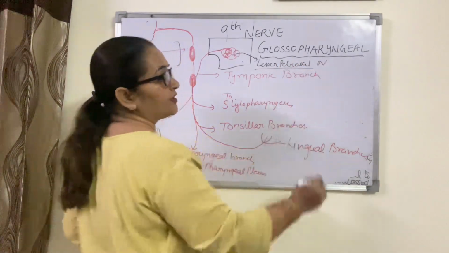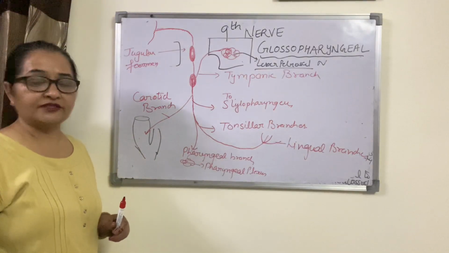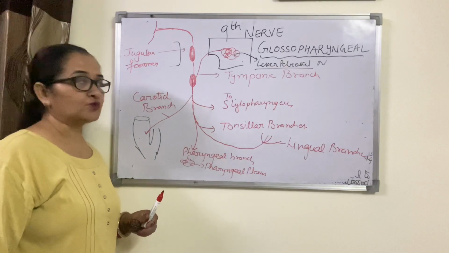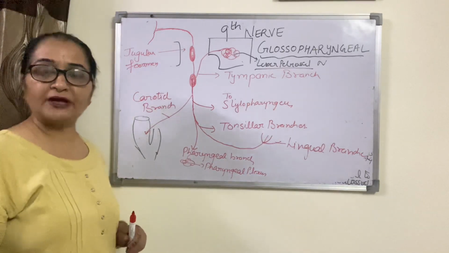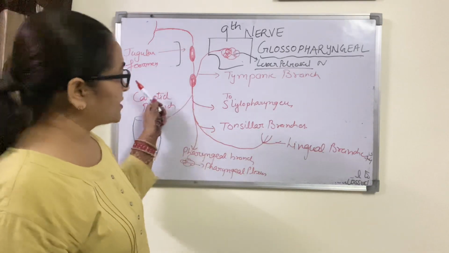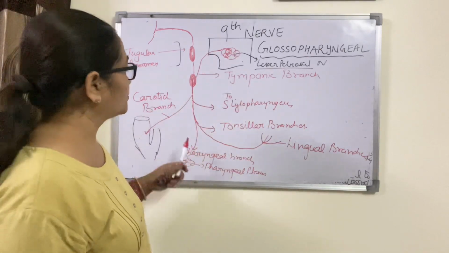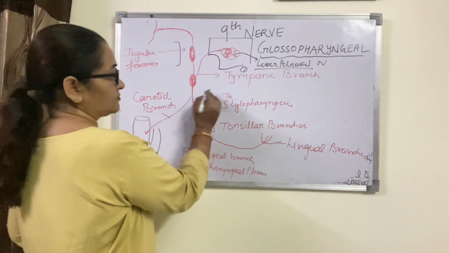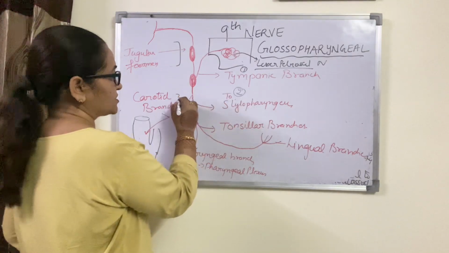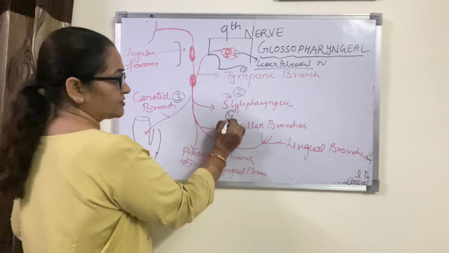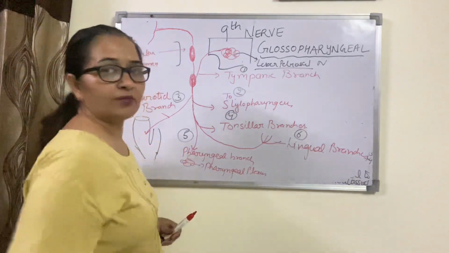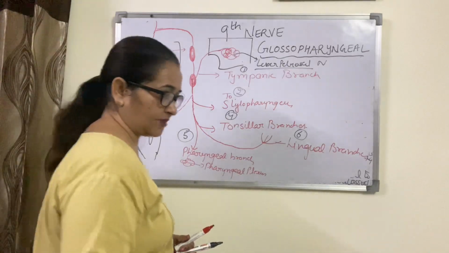The lesser petrosal nerve in the middle cranial fossa leaves the cranium through the foramen ovale and comes out to supply the parotid gland. So these are the branches of the glossopharyngeal nerve. If we enumerate: first tympanic, then stylopharyngeus, then carotid branch, then tonsillar branches, then pharyngeal branches, and then the lingual branches.